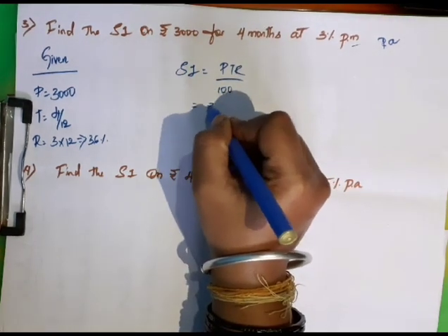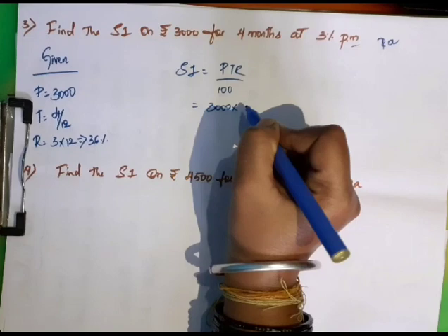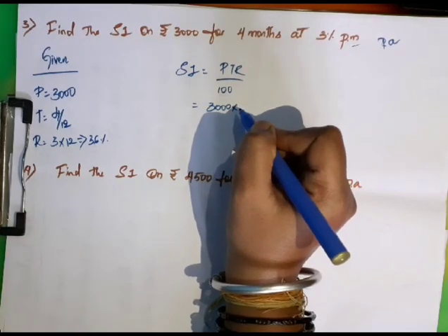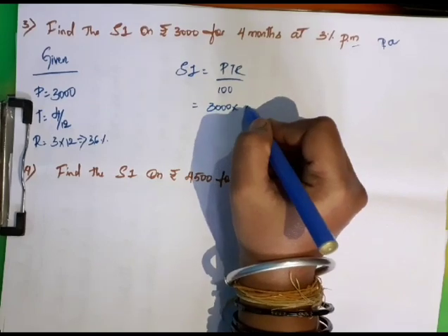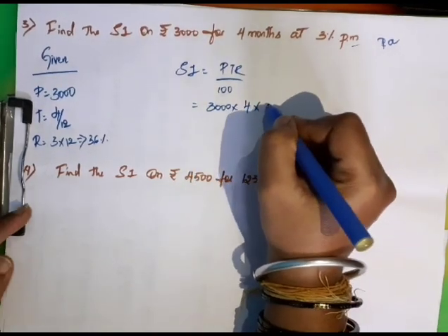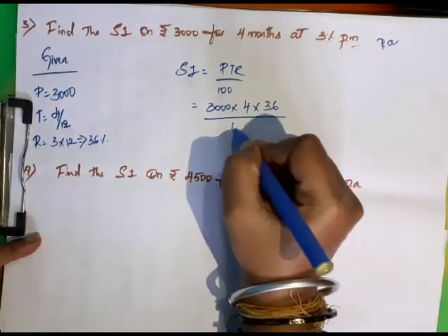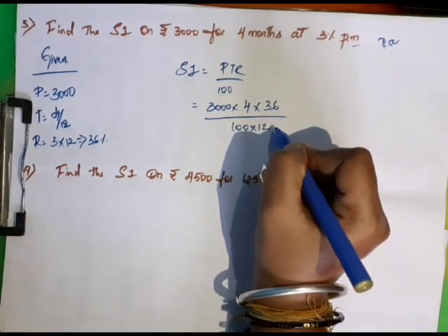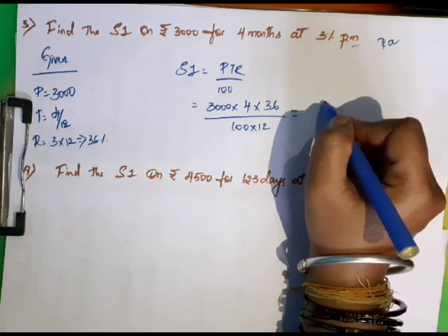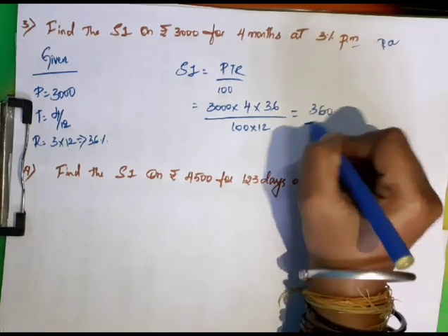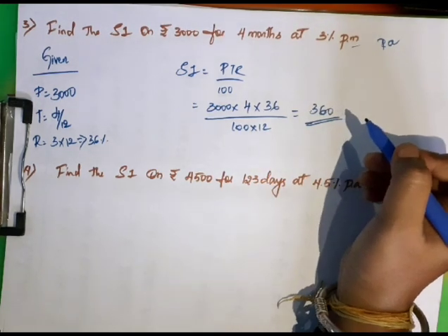So P is 3,000, T is 4 by 12, and this is 36 divided by 100. Okay, so you will get 360. 360 is the simple interest.